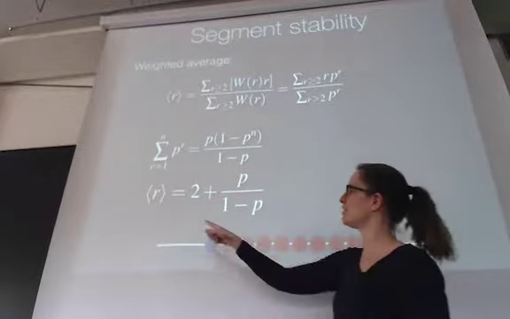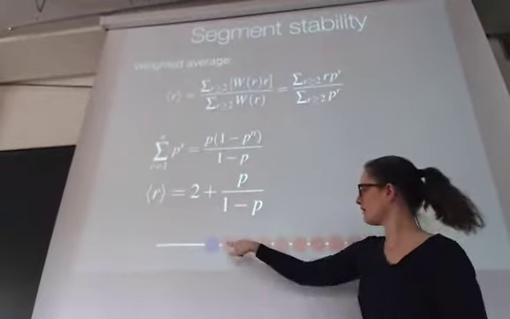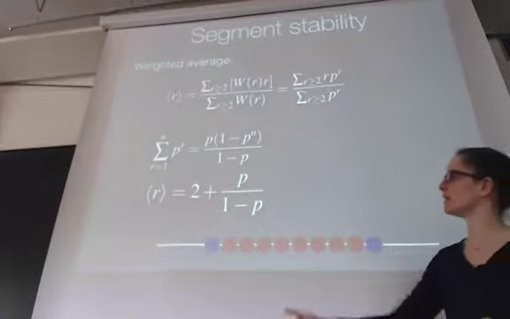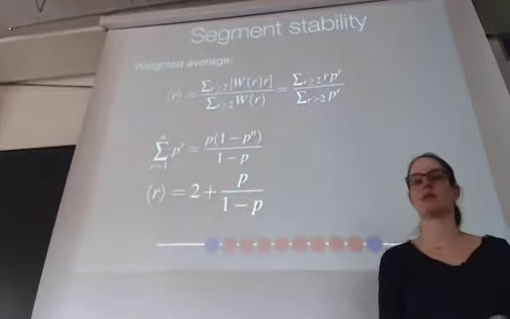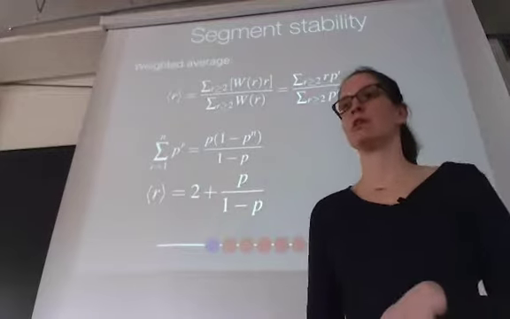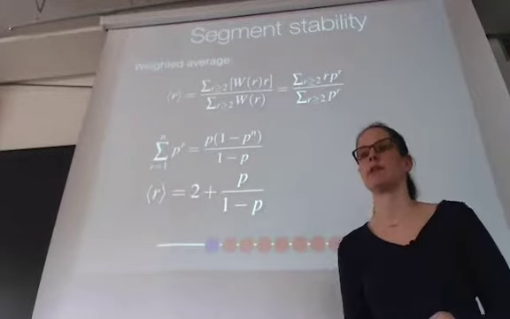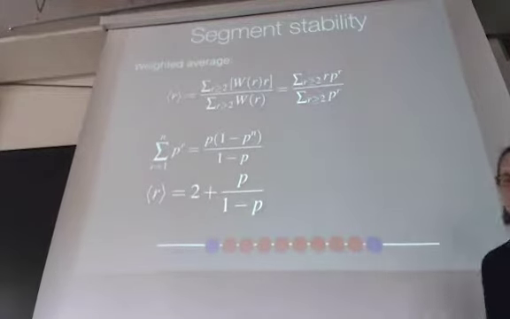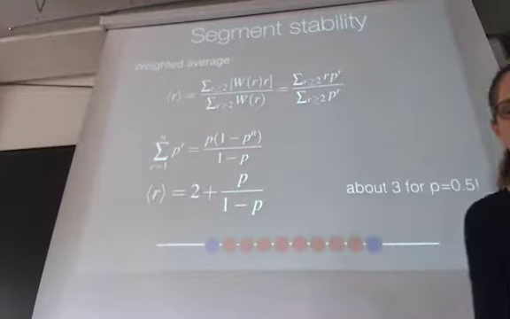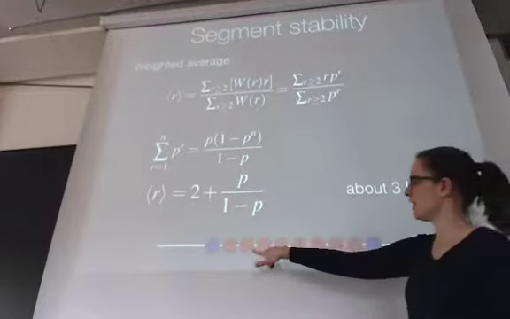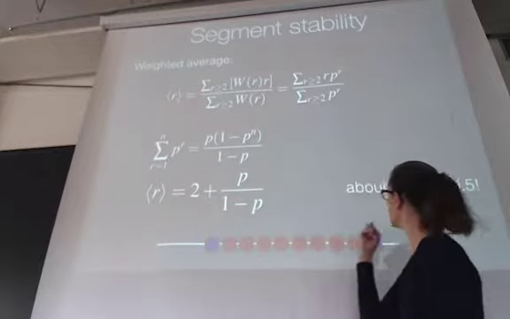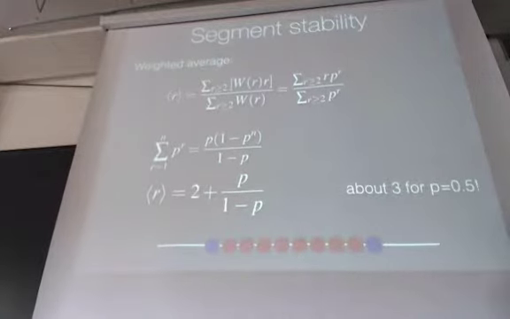So the average length of such a stretch is then 2 plus P over 1 minus P. So if our probability is 0.5, then we will find that the average length of something like this is 3. Did you follow? Simple model.